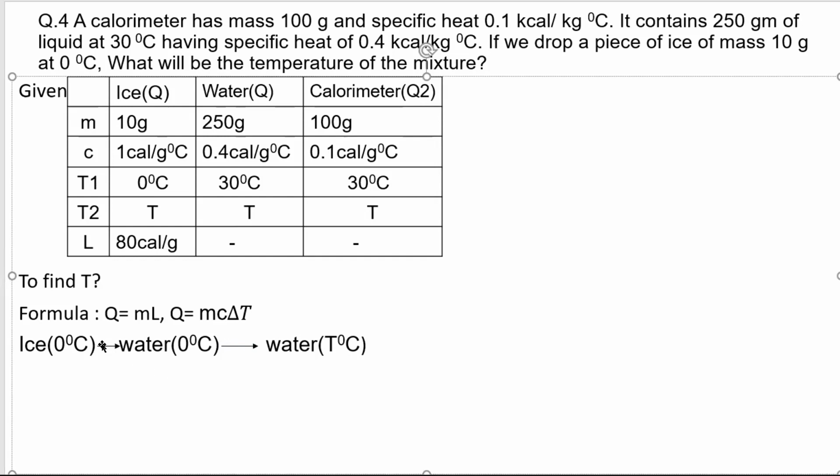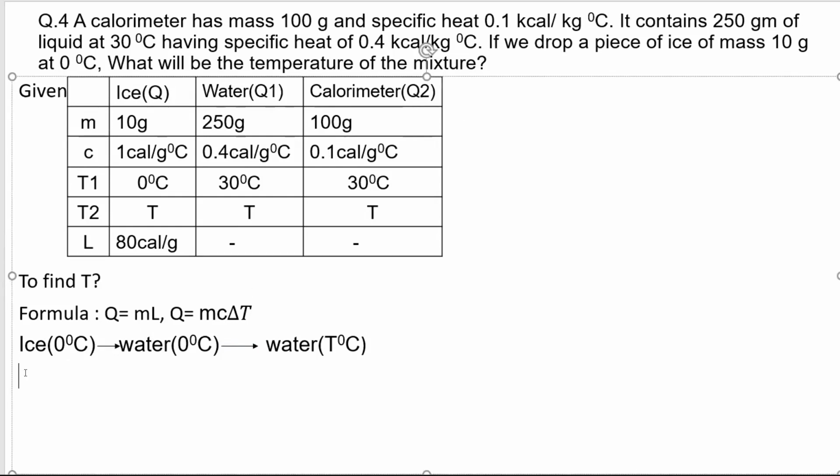Now here ice at 0 to water at 0, the state is changed, ice to water, but temperature is the same. So we have to use the formula M into L. Let the heat energy absorbed by ice be Q, water we will take as Q1 and calorimeter as Q2.